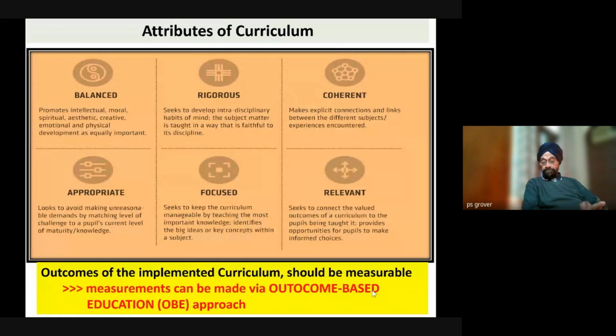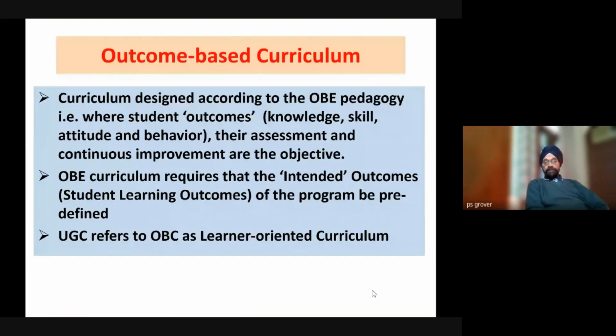Measurable, because outcome-based education says whatever you teach, whatever way you train the student, his learning should be measurable. So our measurements can be made with the help of outcome-based education methodology.